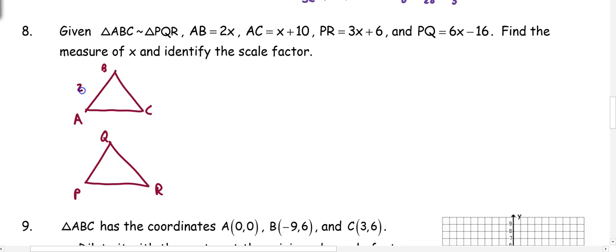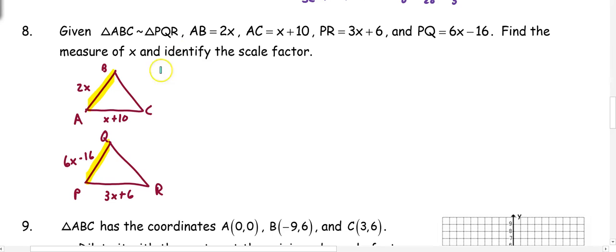So AB is 2x, AC is x plus 10, PR is 3x plus 6, and PQ is 6x minus 16. When I look at my picture, I know that AB matches up with PQ because they're the first two letters of the triangles.